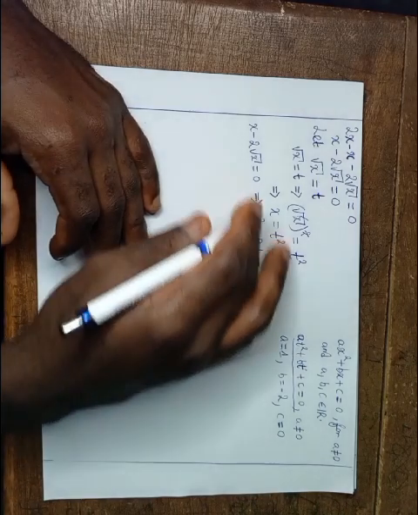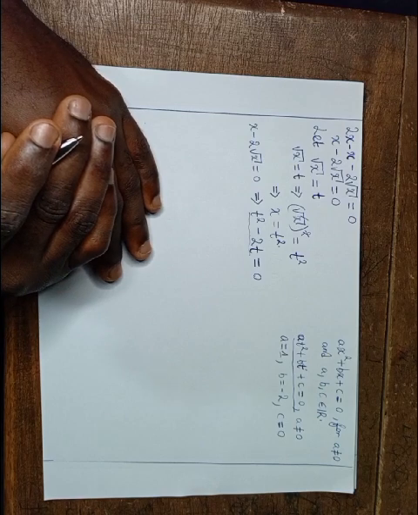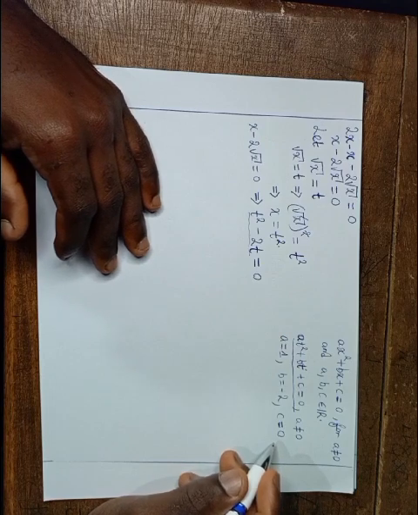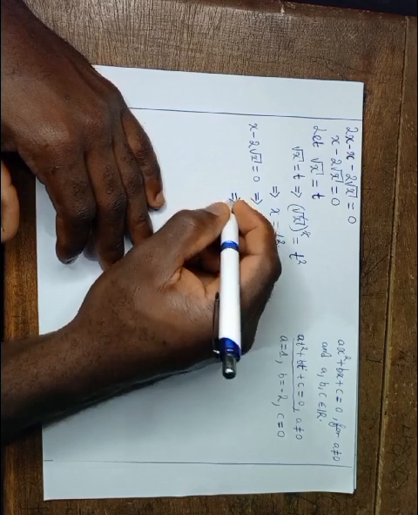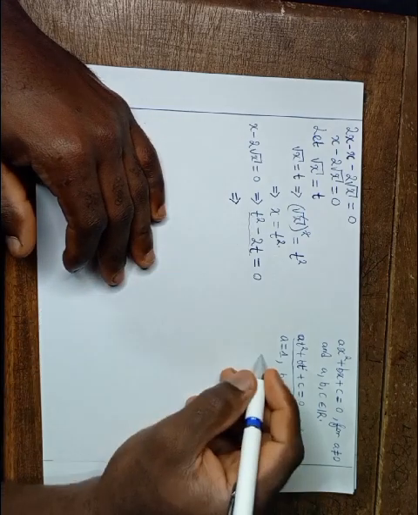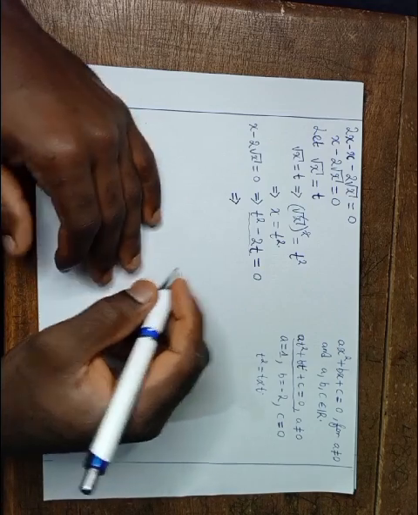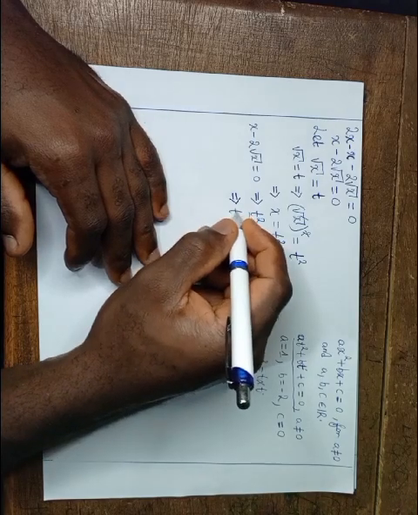And solving such a quadratic equation is very, very easy when the constant term is equal to 0. When c is equal to 0, we can simply solve this quadratic equation by the method of factorization. You can see here we have t squared. We know t squared is the same as t times t. Here we have minus 2t. We can factor out t.